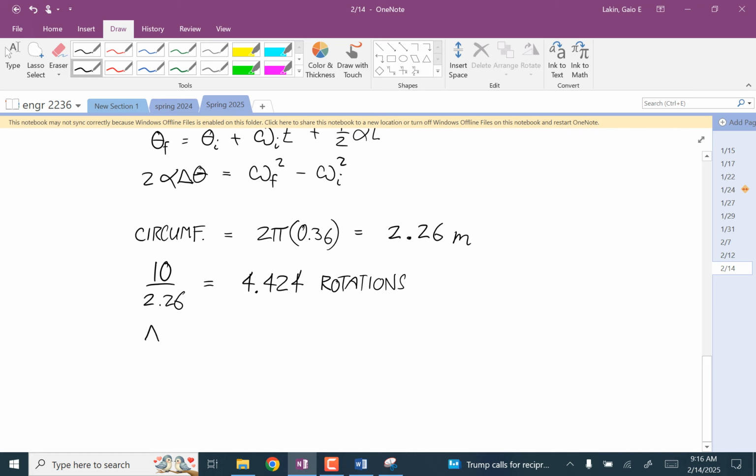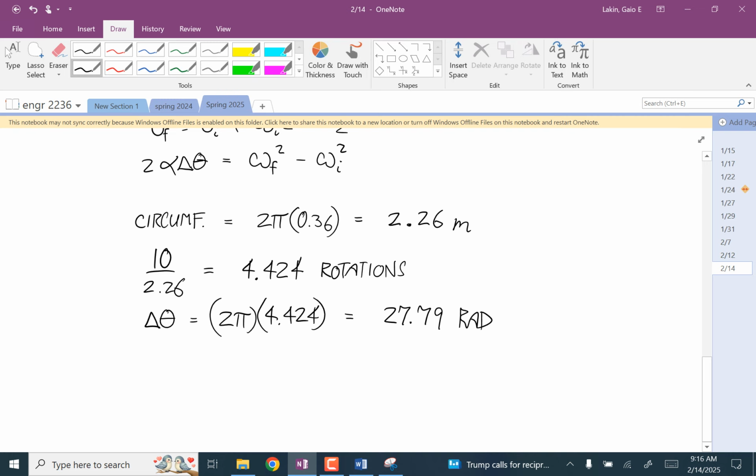And so the change in angle is 2 pi times 4.424, and I multiplied and divided by 2 pi, so I could have made this a little simpler, but can you give me that decimal? 27.79 radians.